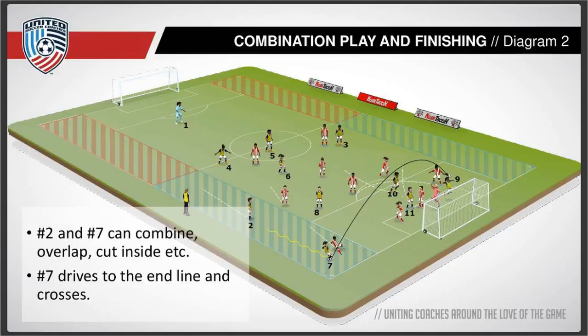And what we've seen now is that the support of number 2, and we're still in this 2v1 mode, compromises the fullback. He or she has to honor the fact that there's the potential of number 2 receiving a drop pass or overlapping. And in this case, our 7 has not chosen to pass it back. They have not had an overlap to play. They could have driven inside, but they did what a really true winger does, and that's drive to the end line.